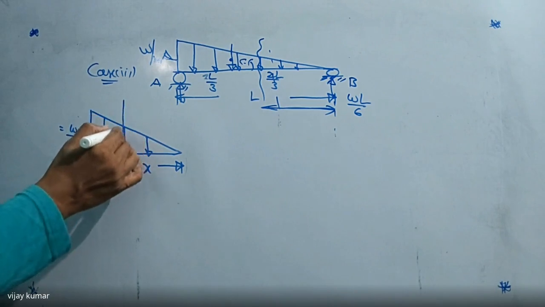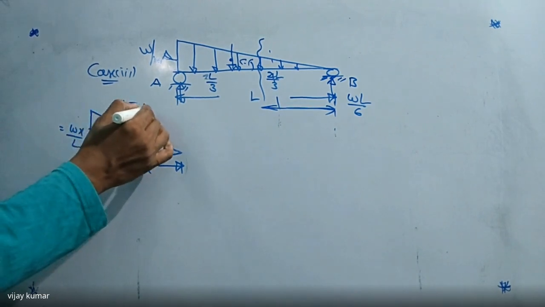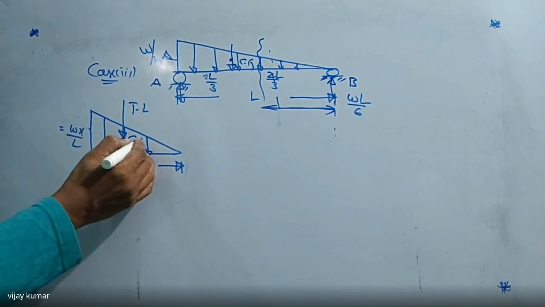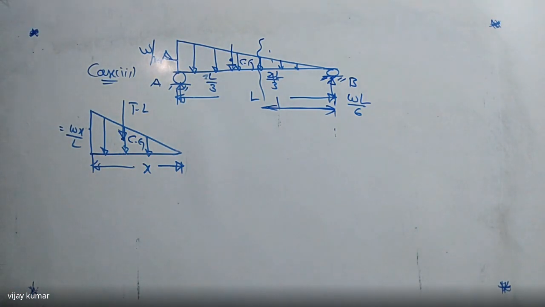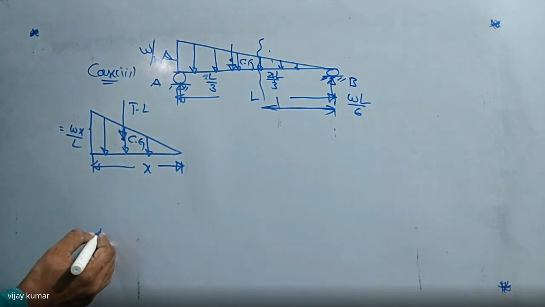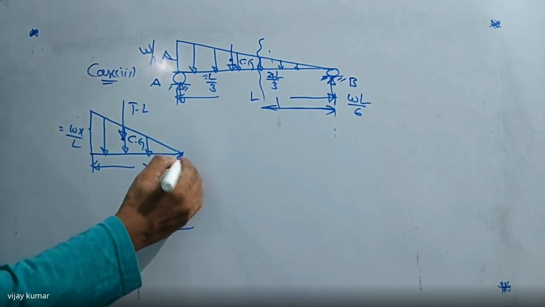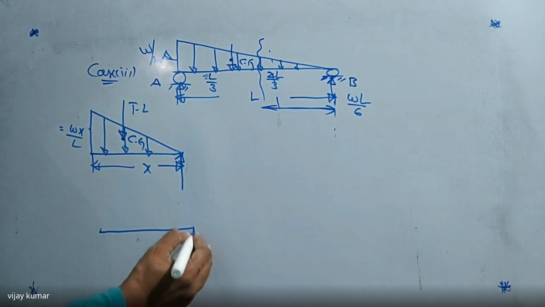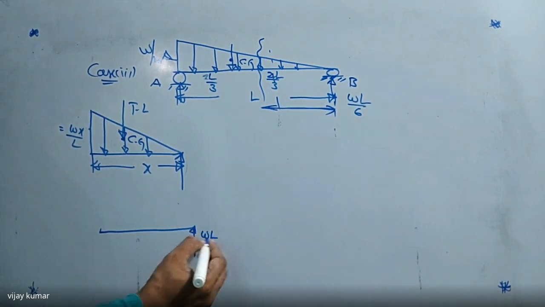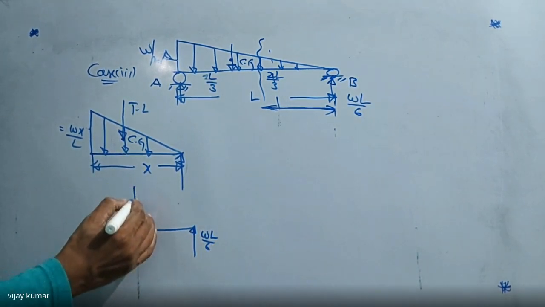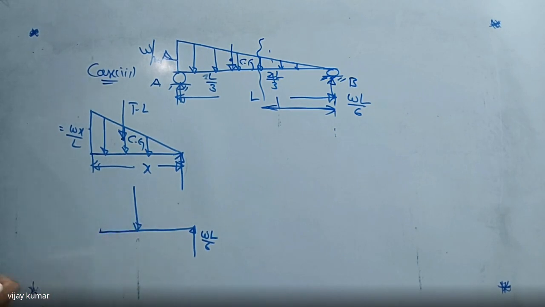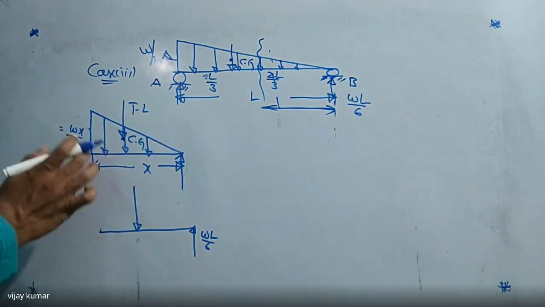The total load is always passing through which one? The center of gravity. Okay. Now I'm going to draw the free body diagram again here. Another reaction is also here. This reaction is WL by 6. And what is the total load here? It is in the form of a triangle.